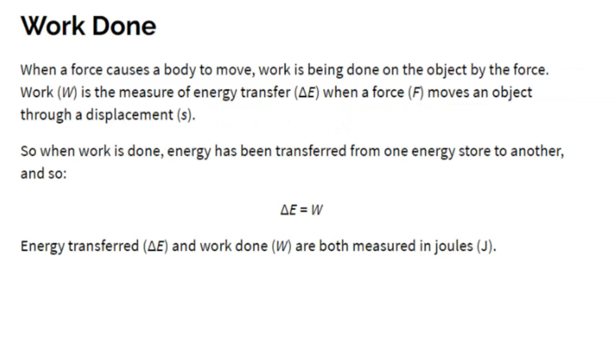When a force causes an object to move, work is being done on the object by the force. So when work is done, energy is transformed from one energy store to another. So we come back to this concept of work done equals a change in energy.